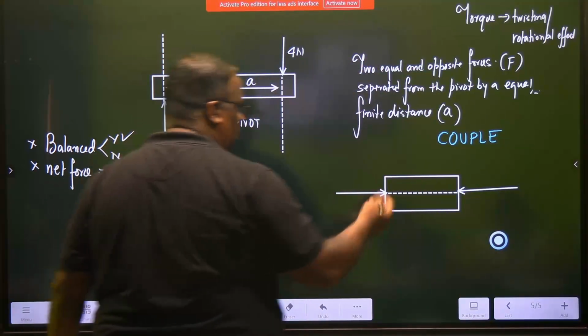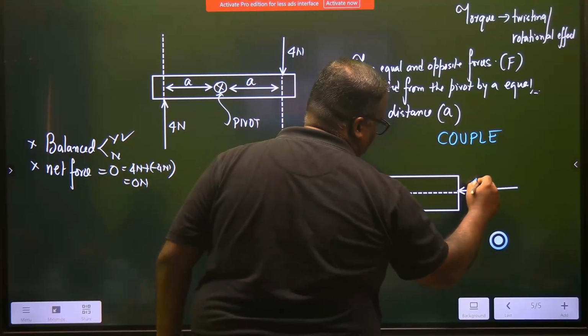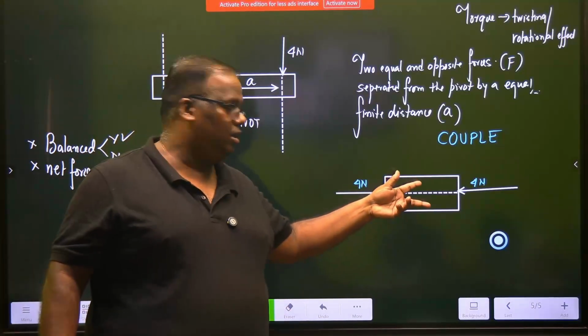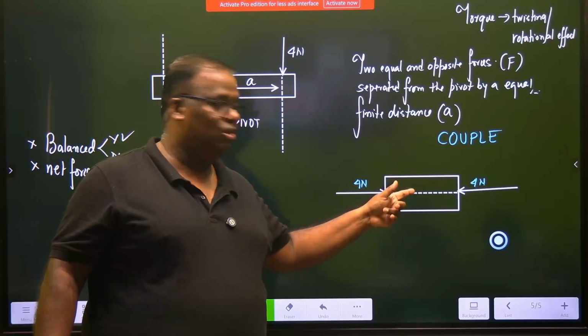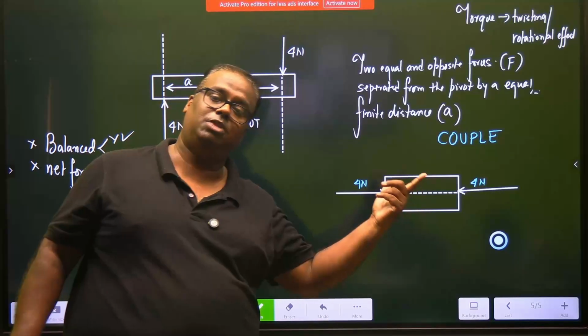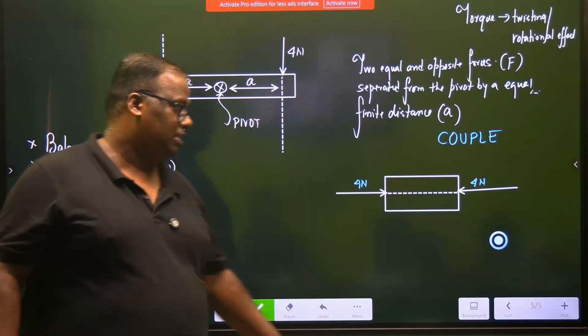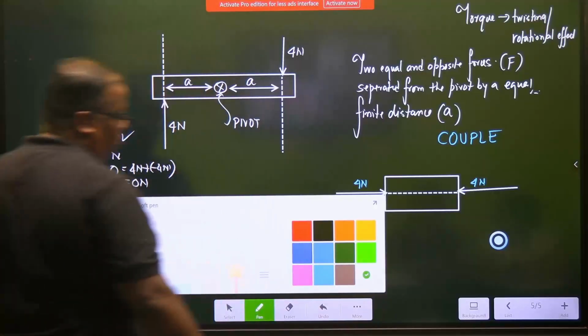Now this body will be at rest. Say this is 4 Newton and this is 4 Newton. Now this body will be at rest. But if you make a little bit of difference in the line of action of these two forces, the body will not be at rest. The body will immediately experience a couple. And once a couple comes into play, it will rotate. Okay? Clear?